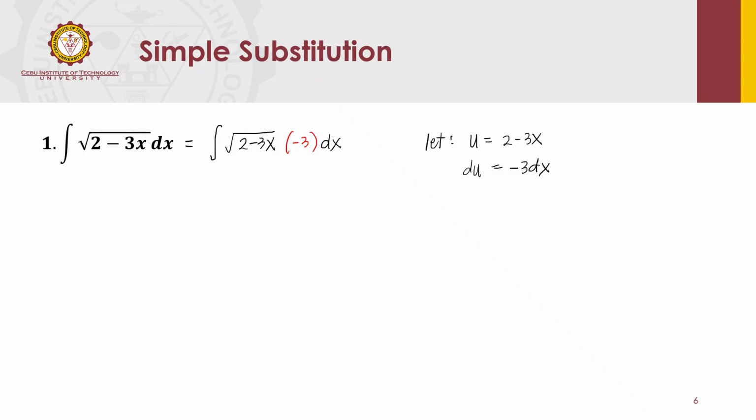So it's also negative, not the negative reciprocal, but the reciprocal only, so that the result is still square root of 2 minus 3x, because if we multiply these two, it should be equal to +1.